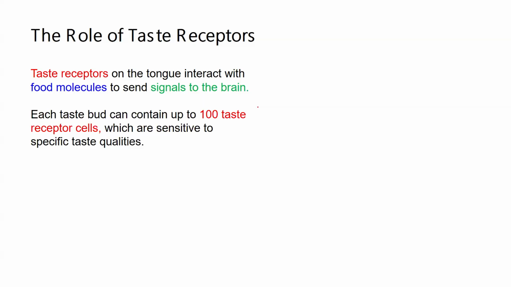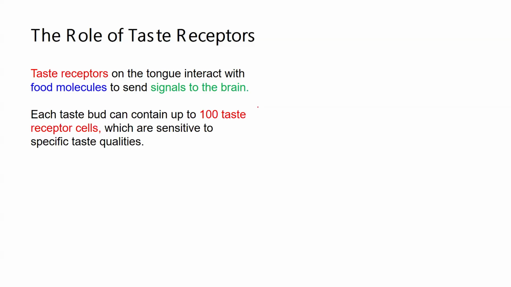So then each taste bud contains up to about 100 taste receptor cells which are sensitive to specific taste qualities. So you see, ladies and gentlemen, we talk about the taste bud. In this taste bud, we have different regions, and they actually detect different types of tastes.